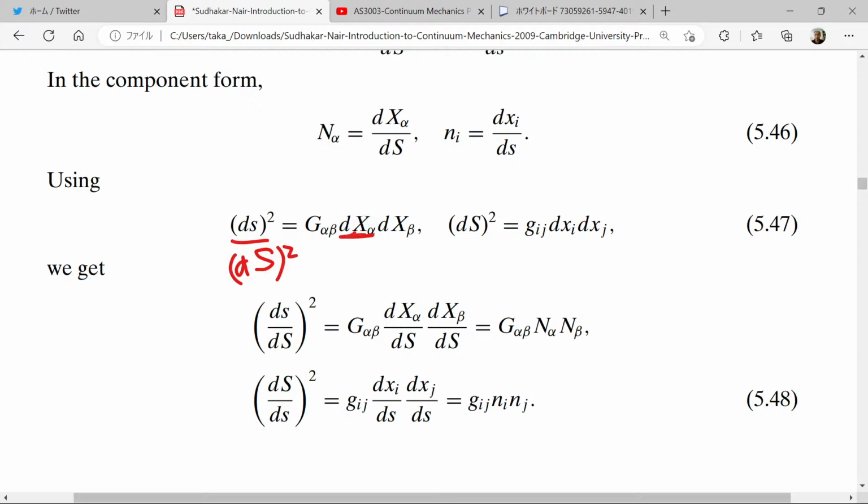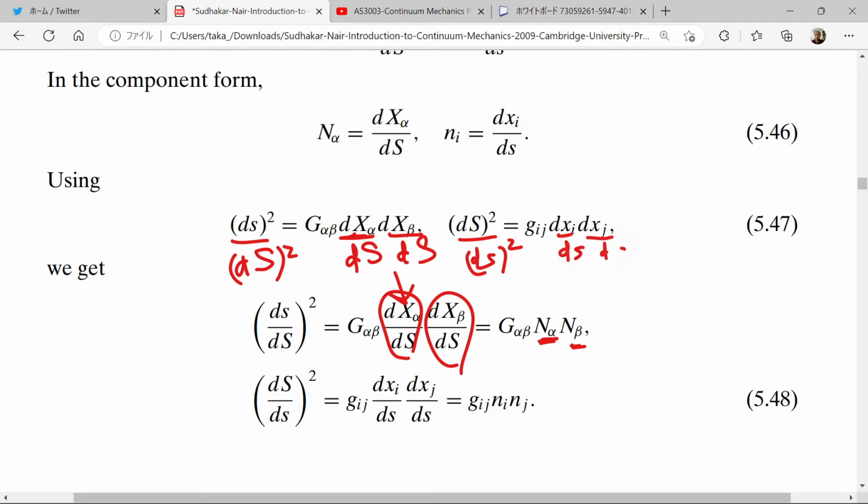So you just distribute large S here and here. Yeah? So you get this. And each term becomes a unit vector. You can do the same way. You divide by small s square, so you divide by small s, small s. So you get this one.